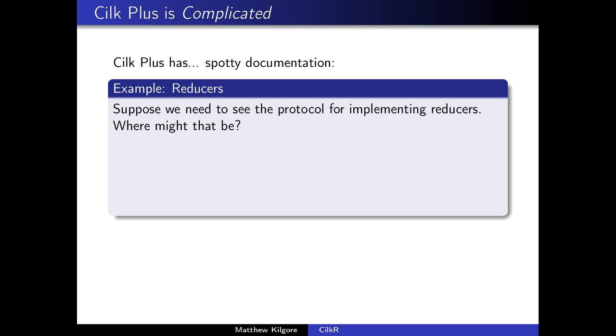Let's say we want to look into reducers, and we want to see the protocol used while implementing them. Where do you think that would be? Maybe it's on its own dedicated page. After all, it sounds like an important thing. Should get its own file, right? No. Well, then maybe it's in the header file, where reducers are defined. That's pretty standard coding practice, right?